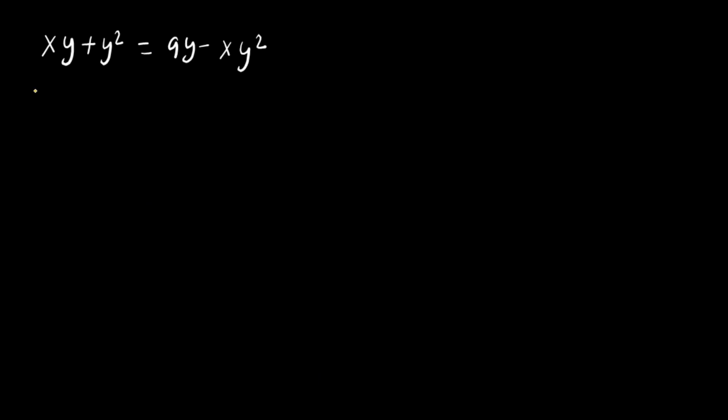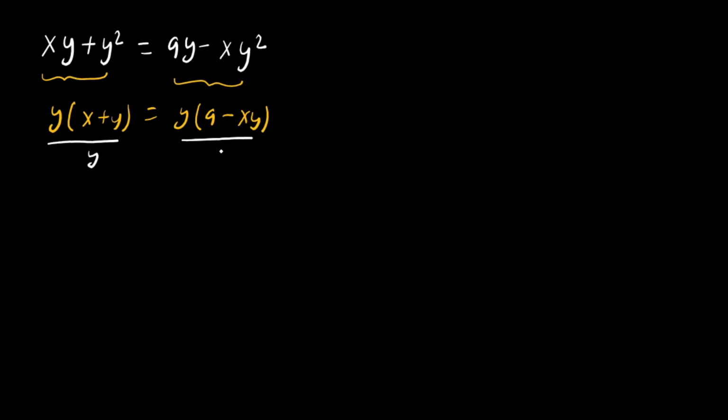Look carefully: on the left-hand side we take y common, leaving x plus y, and on the right we take y common, leaving 9 minus xy. Then if we divide both sides by y, the y cancels out on both sides, and we can say x plus y equals 9 minus xy.